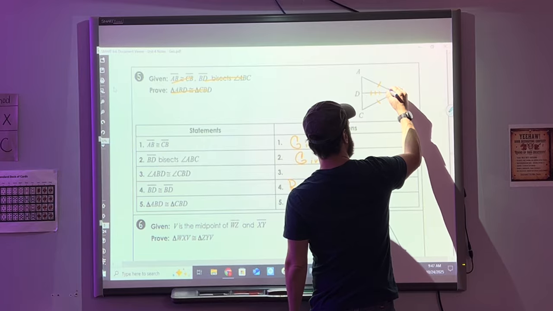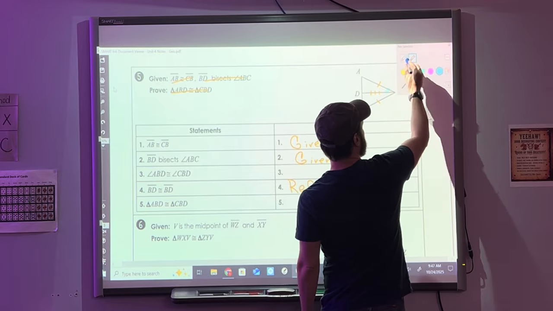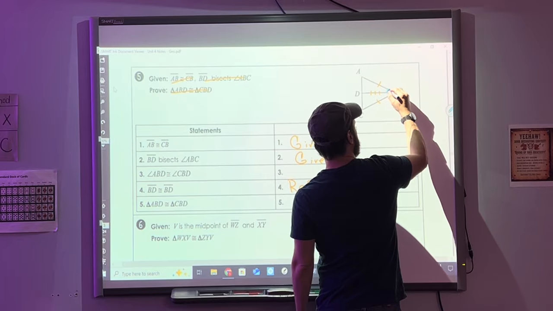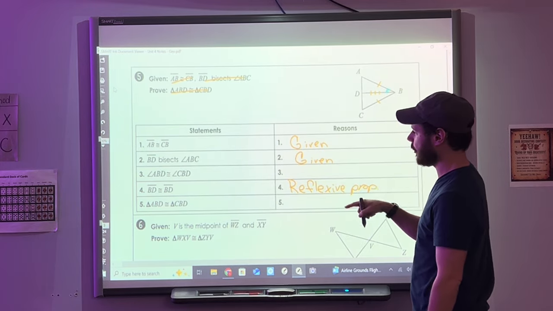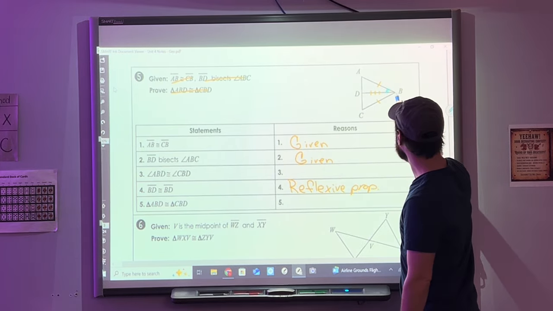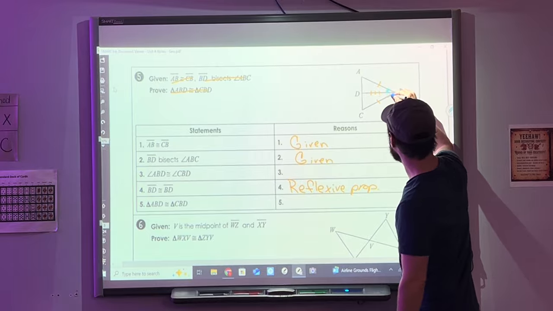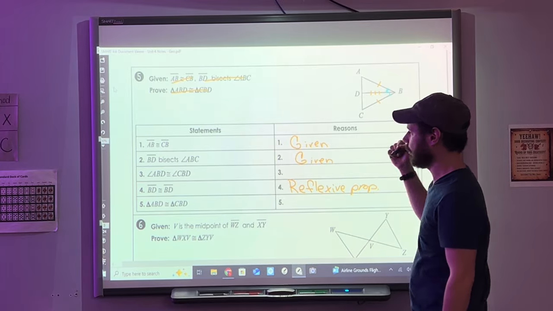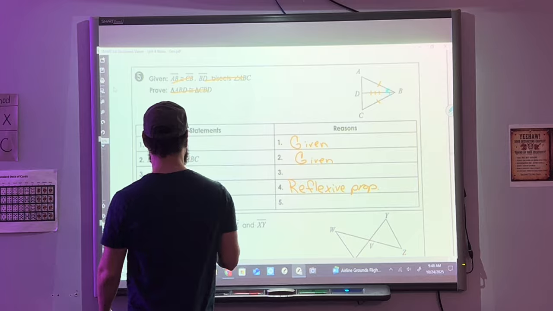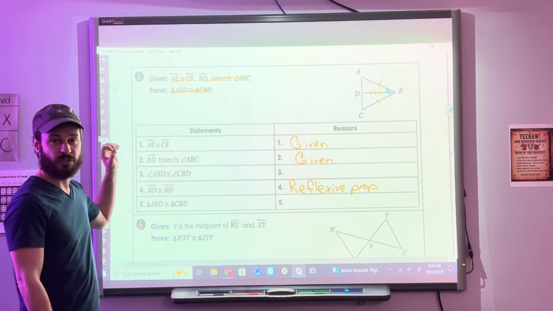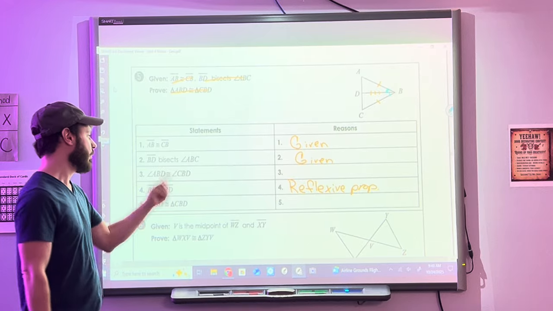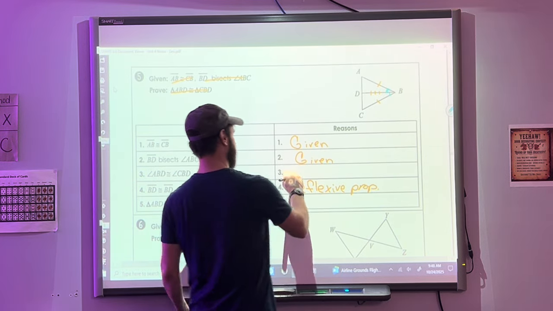ABD is this piece here. That piece there. It's saying that piece is congruent to CBD. CBD is this piece here. So those two pieces are congruent to each other. Okay. Well, just like midpoint, we're going to use definition of midpoint. We see bisect, we're going to use definition of bisect.